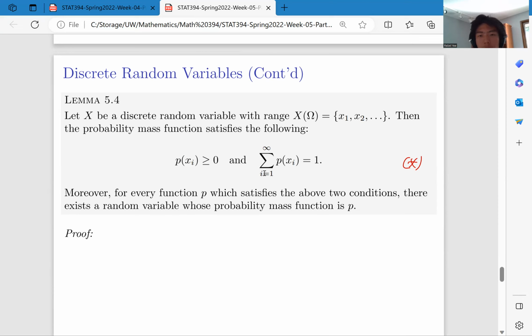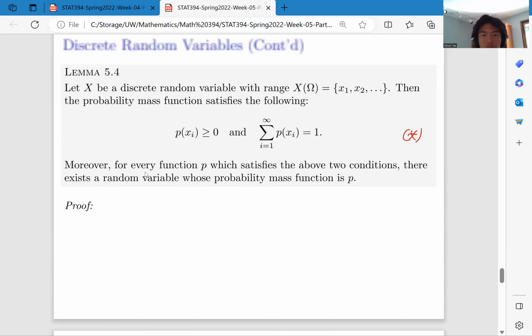And if we sum up all of the possible realizations together, it is equal to 1. These two properties are very similar to what we discussed before: all probabilities are non-negative, and if we sum up all of the outcomes, the probability is equal to 1. So that's it.